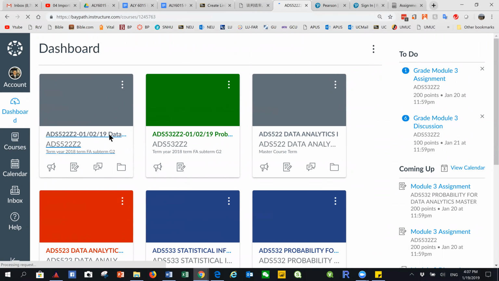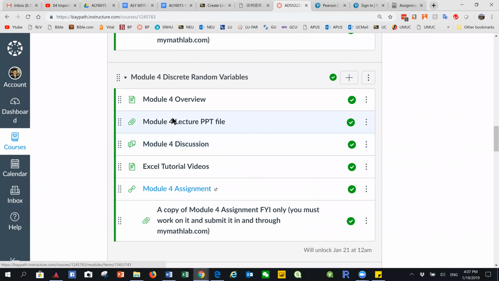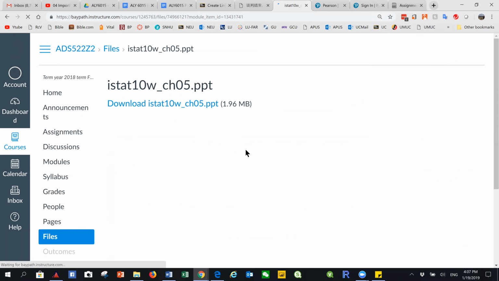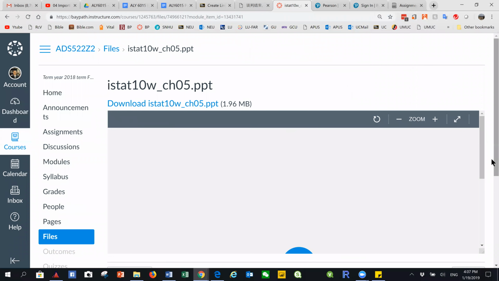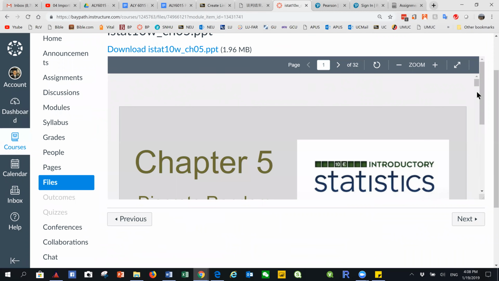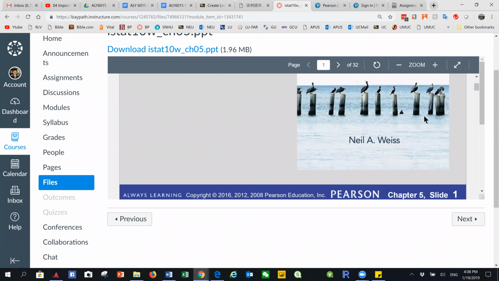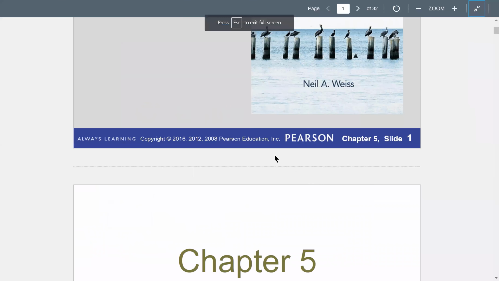According to the module for this week, we are to cover the module 4 lecture notes, which are about the probability distribution of random variables. And I would say that they include mainly the discrete random variables. I will use the PowerPoint to go over it for our lecture.